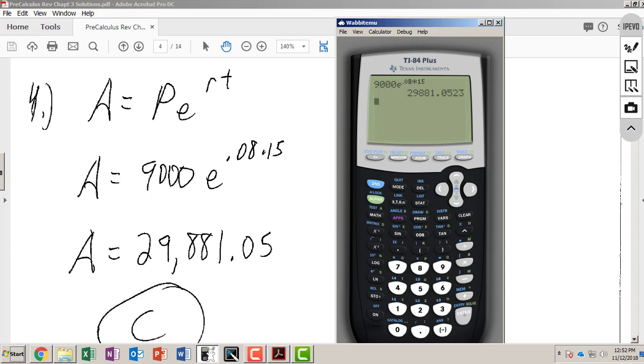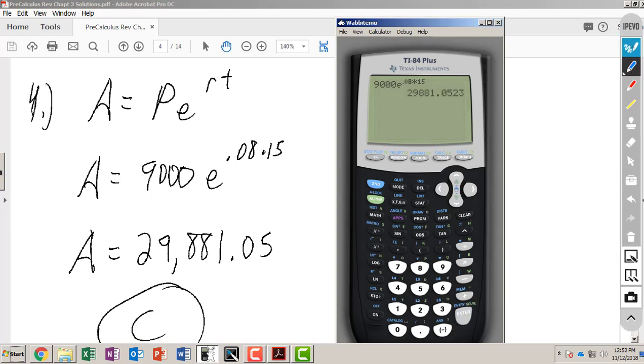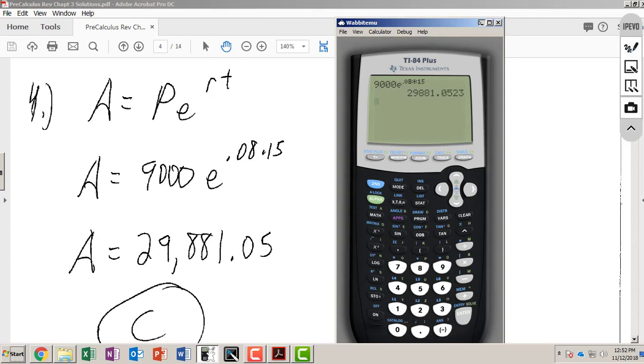Hit enter, and it looks like that answer comes out to be $2,981.06. And that matches the answer on C.